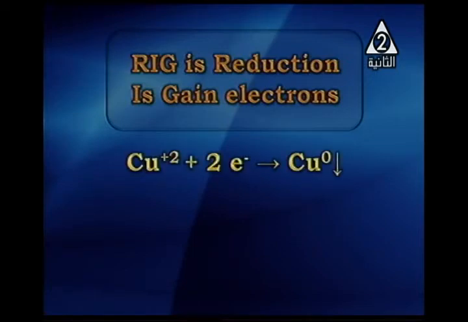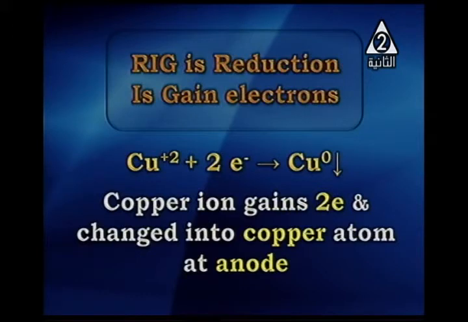So Cu positive 2 plus 2 electrons gives us Cu 0. It means we have the ions of copper that gain 2 electrons and change into copper atom at the anode. So the anode is the opposite of the cathode. It means positive pole.